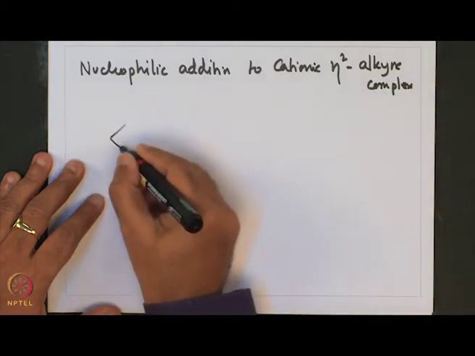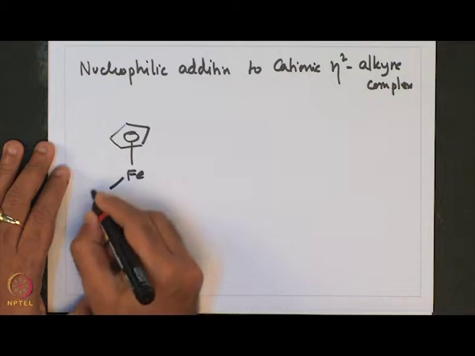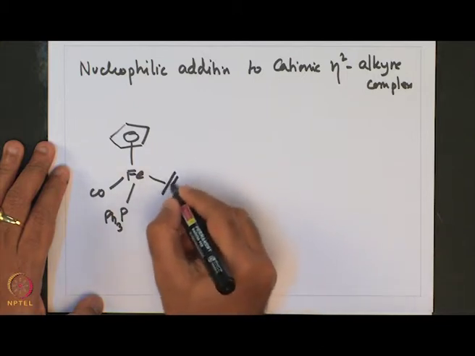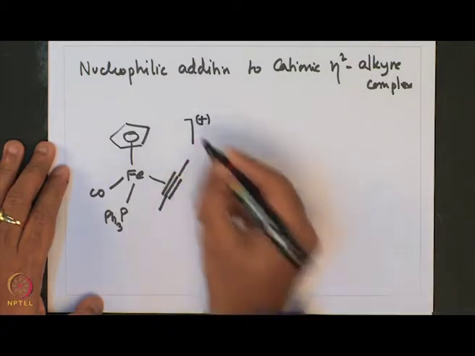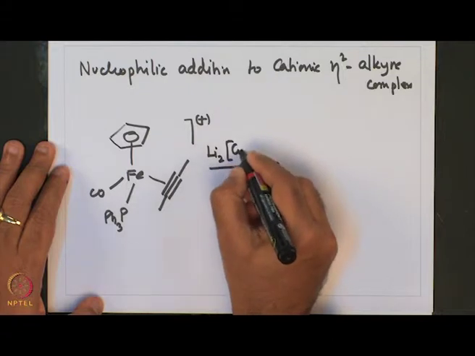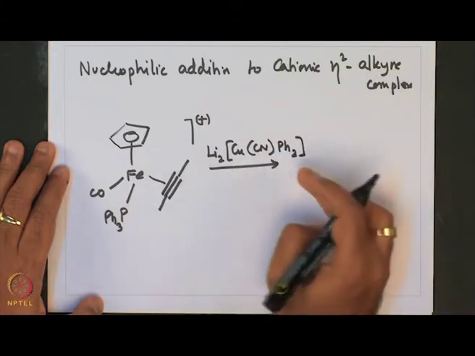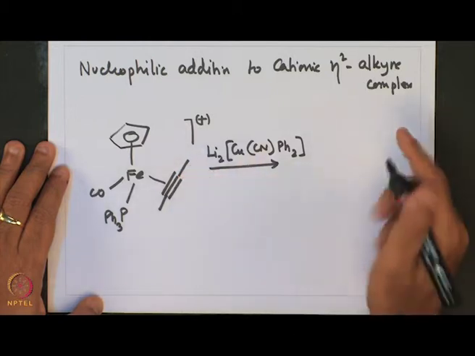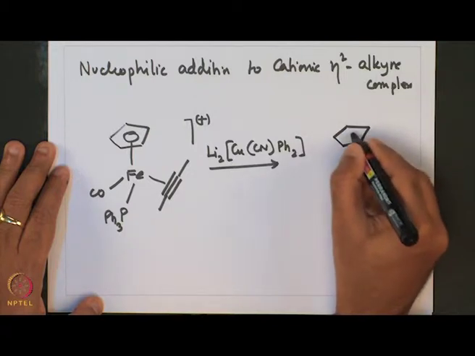So, for example, this iron alkyne complex, which is cationic in nature, reacted with Li2CuCN Ph2, where Ph minus is the nucleophile that attacks at the alkyne, giving this alkenyl complex of iron as shown here.